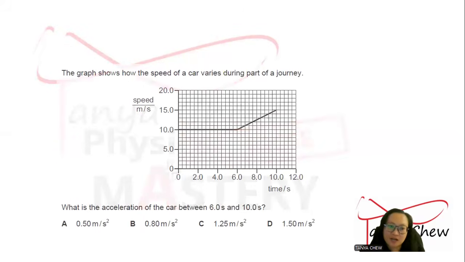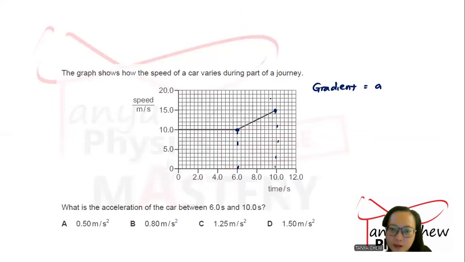Now, let us try this. The graph shows how the speed of a car varies during part of the journey. What is the acceleration of the car between 6 seconds and 10 seconds? It is here. This is a speed-time graph, so if you want to find the acceleration, remember, acceleration is the gradient.